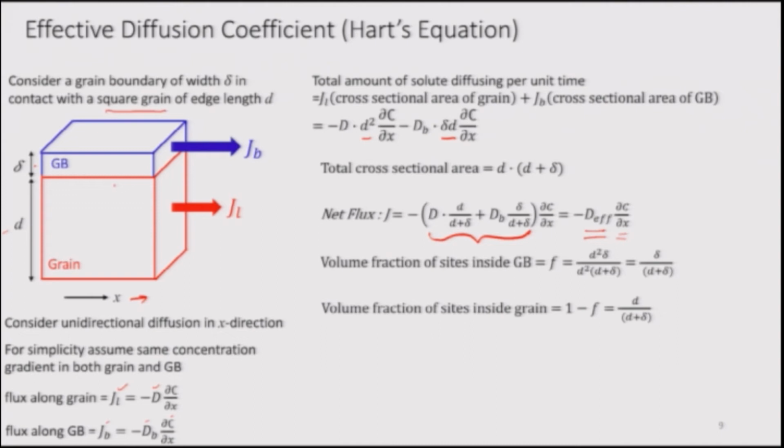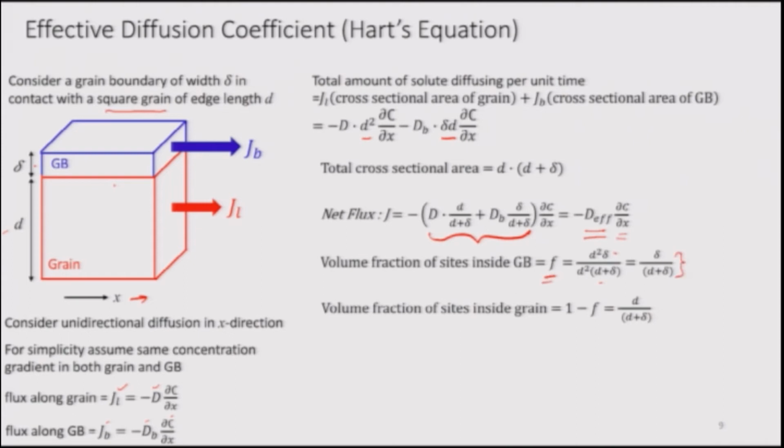Now, if we consider the volume fraction of sites inside grain boundary, that would be the volume of grain boundary divided by the volume of the grain. The volume of grain boundary is d square delta, and volume of grain is d square times (d plus delta), and so the volume fraction of sites inside grain boundary is F is equal to delta over (d plus delta).